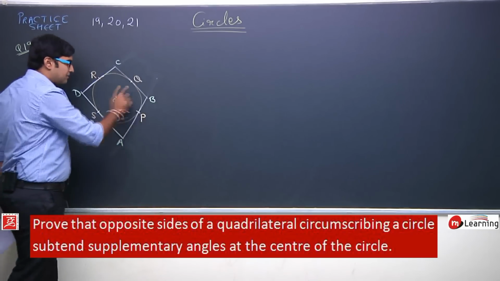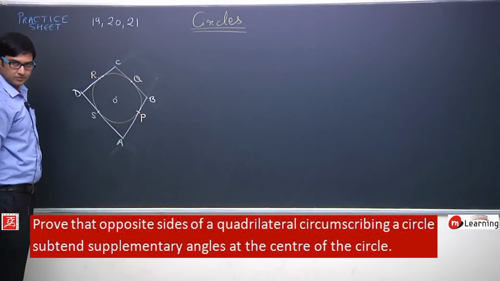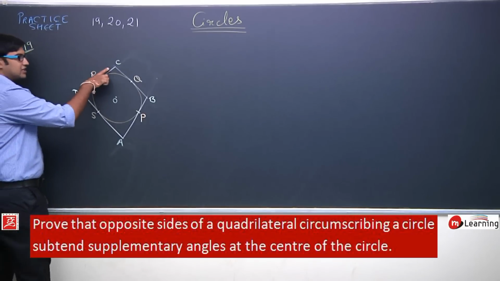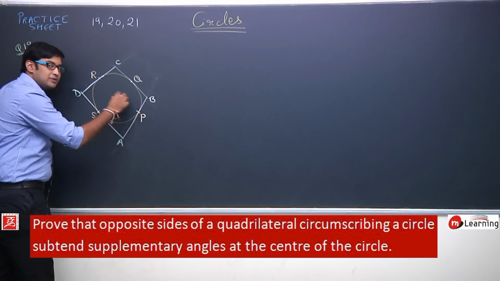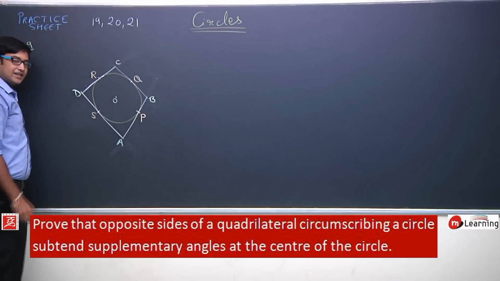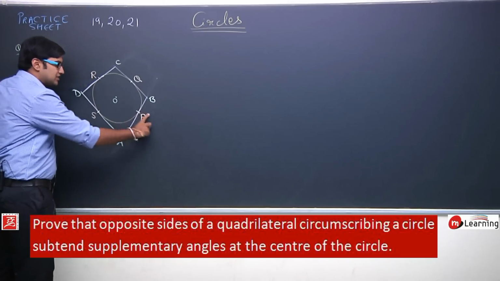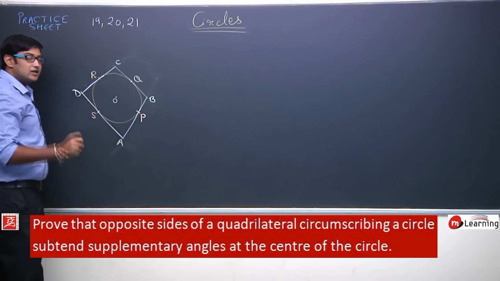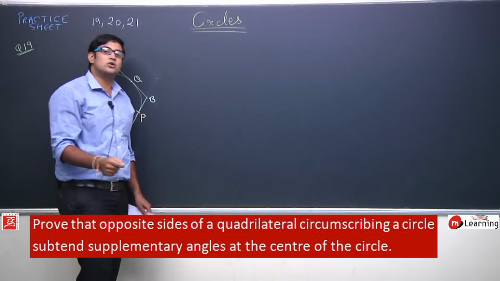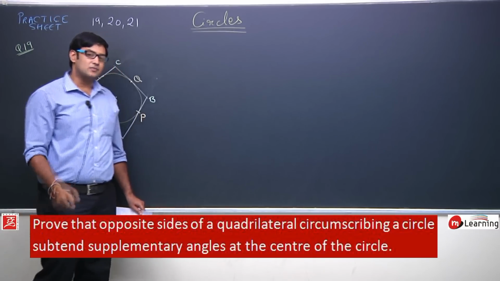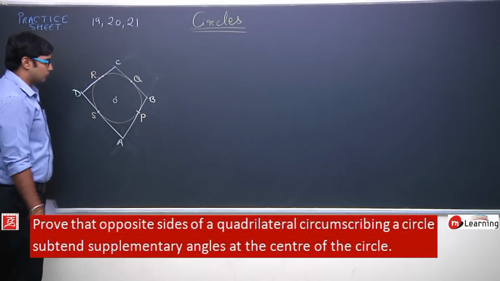This side subtends some angle at the center, this side also subtends some angle at the center, and the angles subtended by these opposite sides are supplementary, meaning the sum of the angles is equal to 180 degrees. This is what we have to prove.